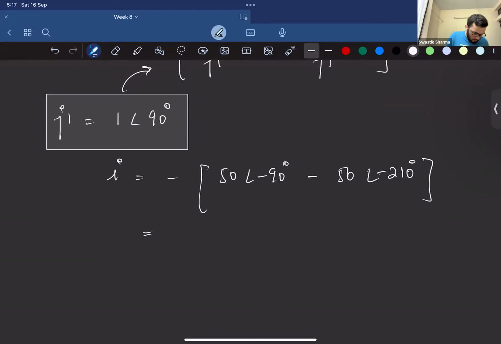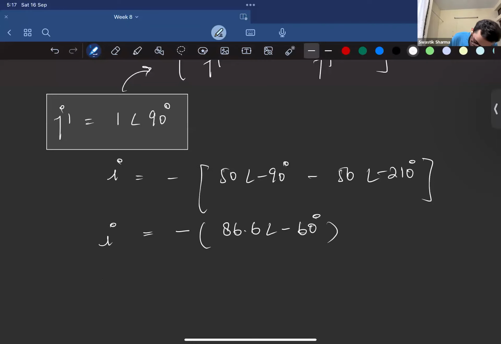Let's make use of our calculators to find this. So this comes out to be 86.6 angle minus 60 degrees.